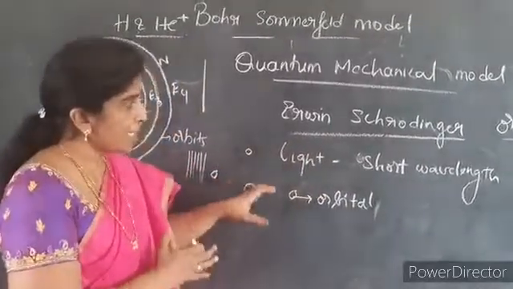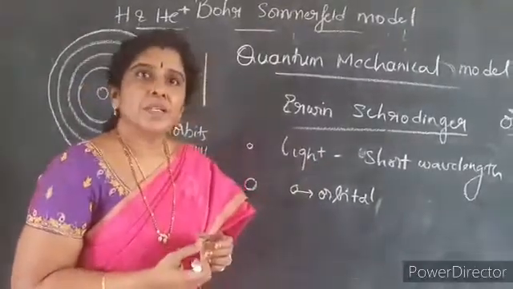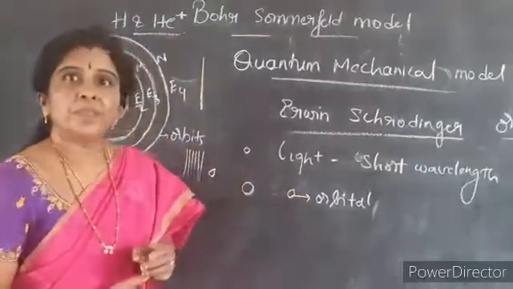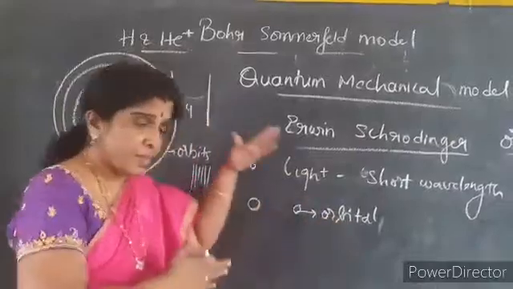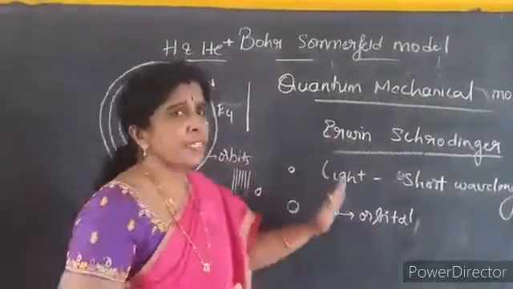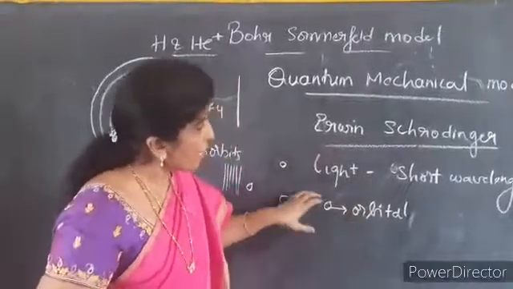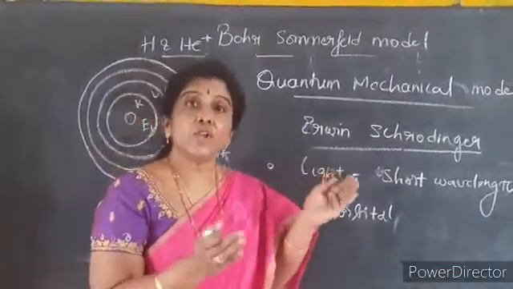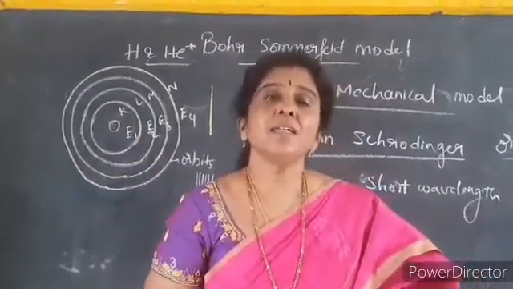In other words, orbital is the home of electron, where all electrons are present. I hope it is clear to you all what is the difference between orbit and orbital. Now, the electrons present inside the orbital are described by a set of quantum numbers about which we will be learning in the next class.